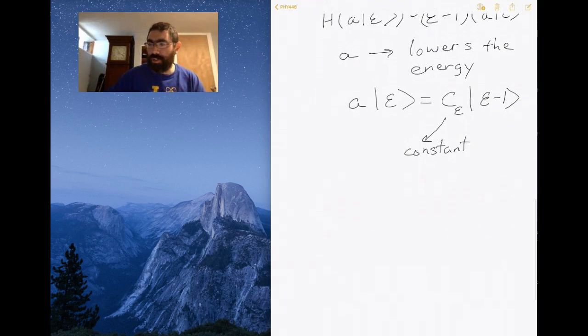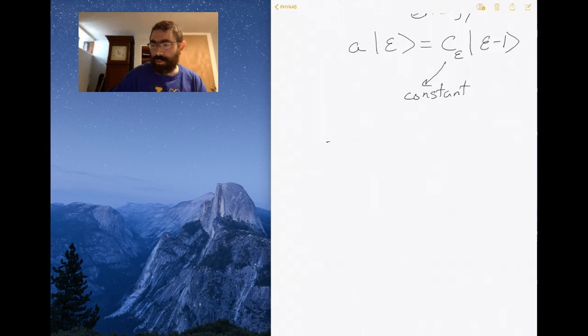If I was to draw kind of a cartoon of quantized energy states, this would be epsilon 1, epsilon 2, epsilon 3, epsilon 4, and so forth.